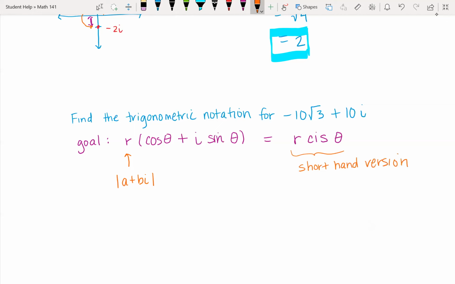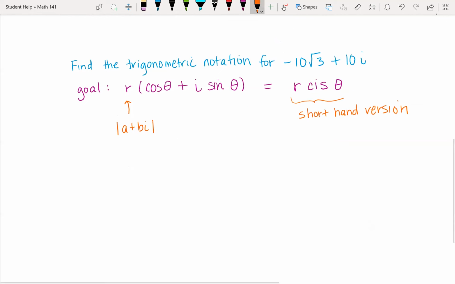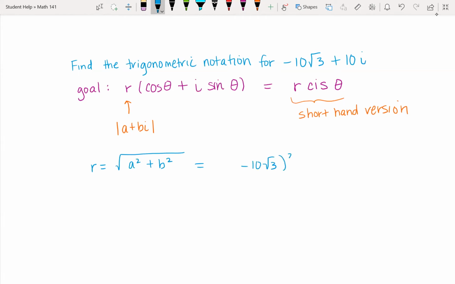So looks like we need to find r to start. So let's use the formula that we had from above. r is going to be the square root of a squared plus b squared, or -10 root 3 squared plus 10 squared, and we'll take the square root of that whole thing.